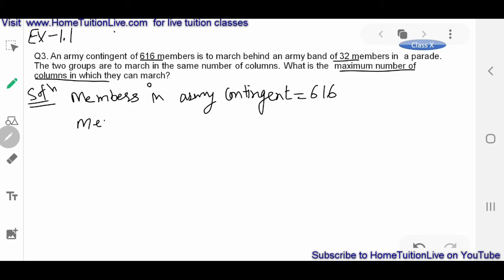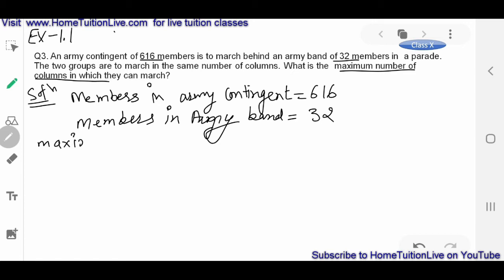Members in army band is 32. The maximum number of columns we have to find.